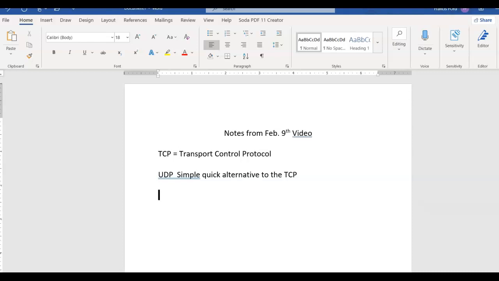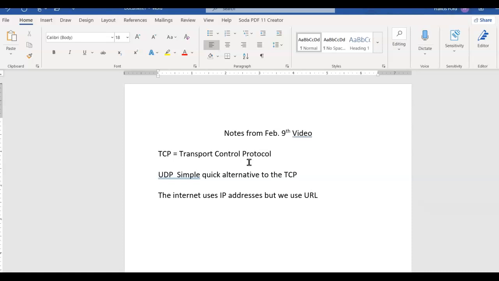I reminded you in that last video about IP addresses. The internet uses IP addresses, but we use domain names. We use URLs, the Uniform Resource Locator.